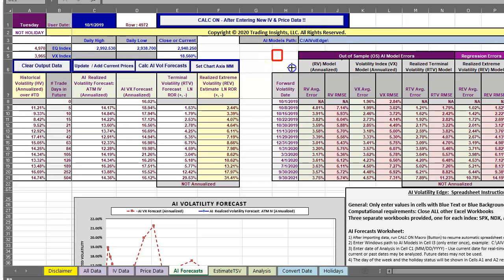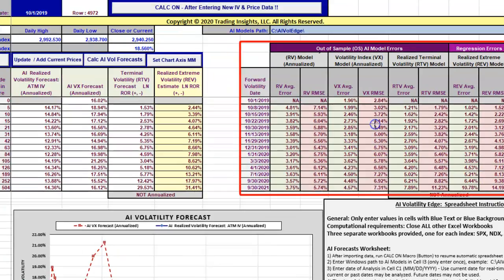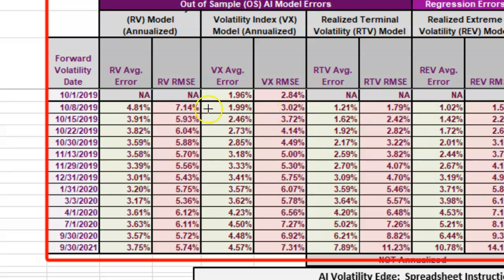So the next table that I want to look at are the error terms, which you can see here, which again are the root mean square error, the average error for each one of the models, the RV model, the volatility index model, the terminal volatility model, and the extreme volatility model.